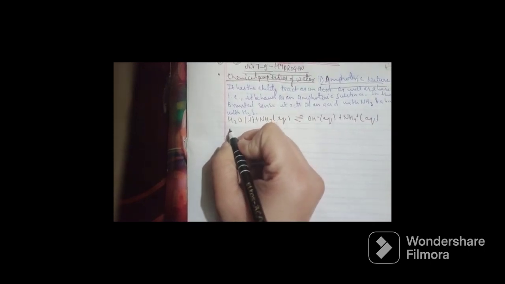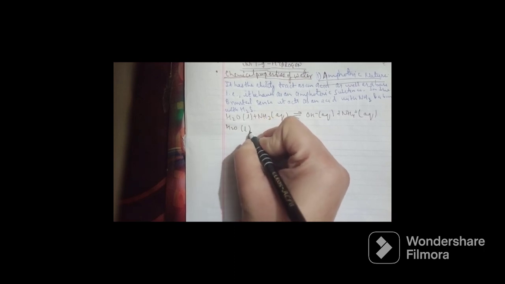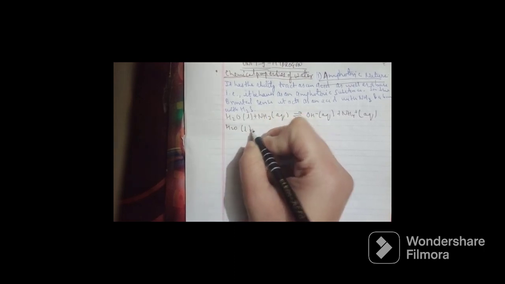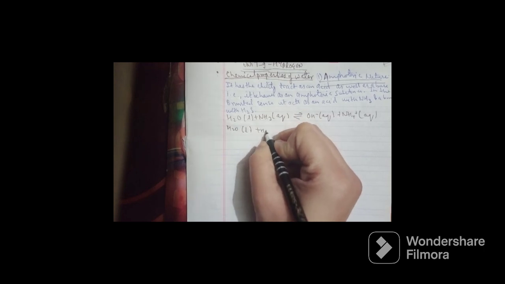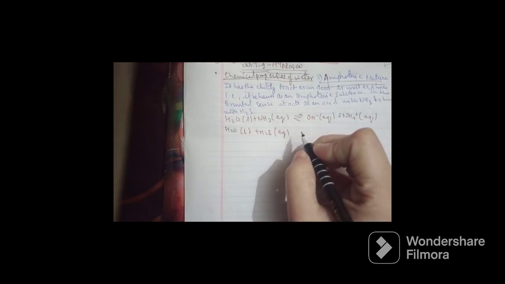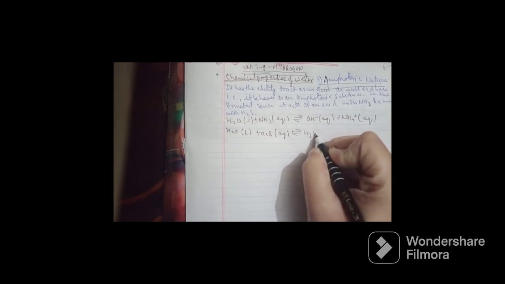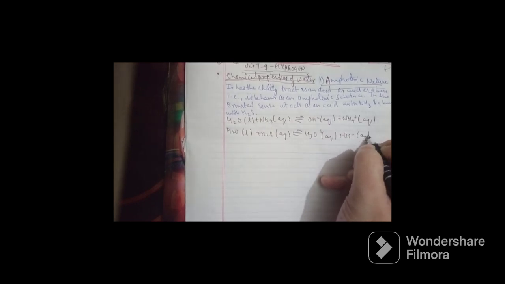Then in the other case we have H2O liquid as the acceptor, and H2S equals H3O plus aqueous plus HS minus aqueous.